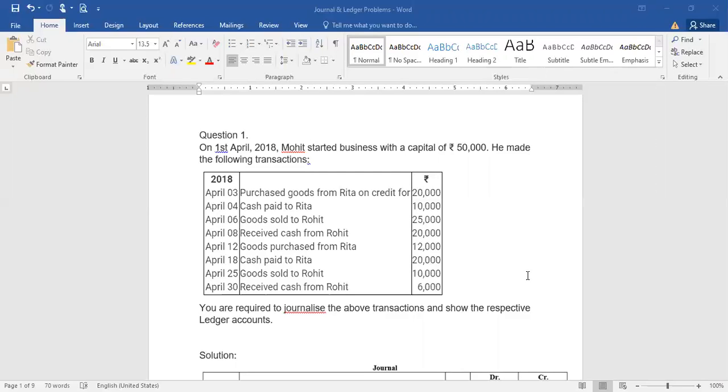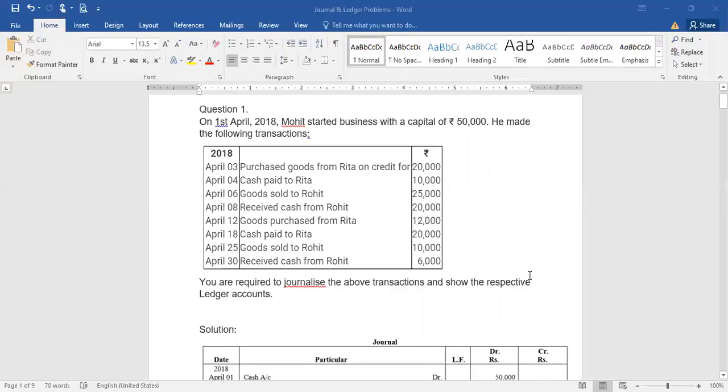Real rule says debit what comes in, credit what goes out. So we have purchased goods, so goods are coming into the business. As per the real rule, the purchase account should be debited. Rita is personal: debit the receiver, credit the giver. Rita is giving us, so Rita's account should be credited by rupees 20,000.